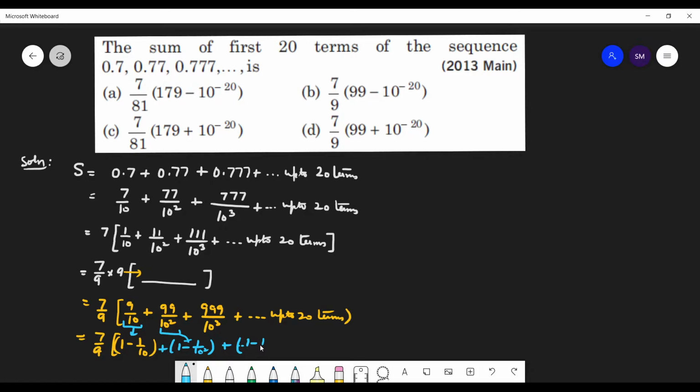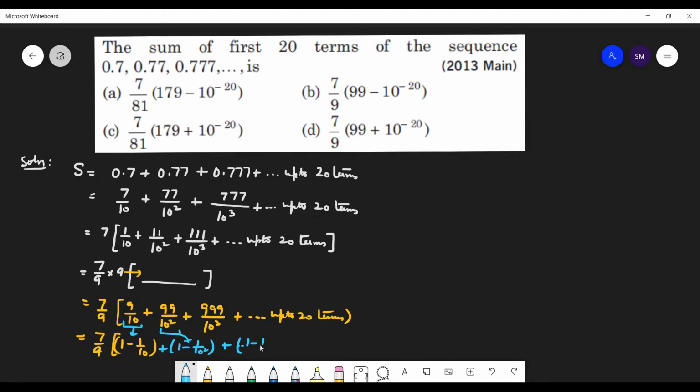So the sum of GP is A into R^n minus 1 by R minus 1. Very good. So A upon, because here R is less than 1, so we'll use this formula.